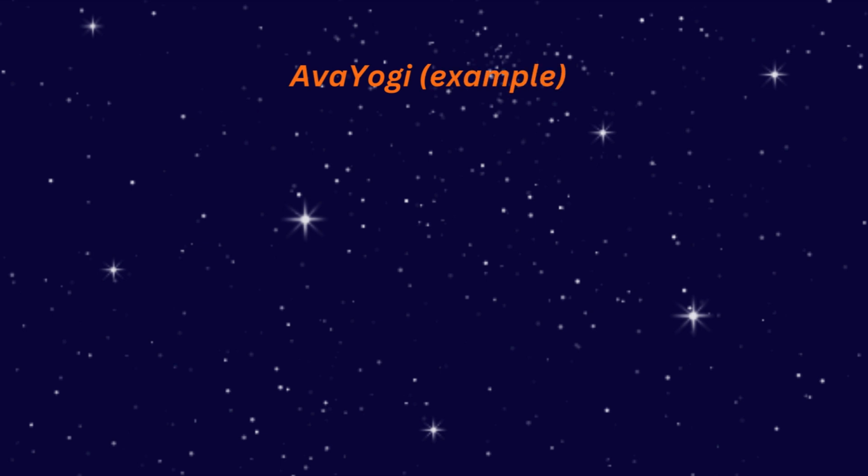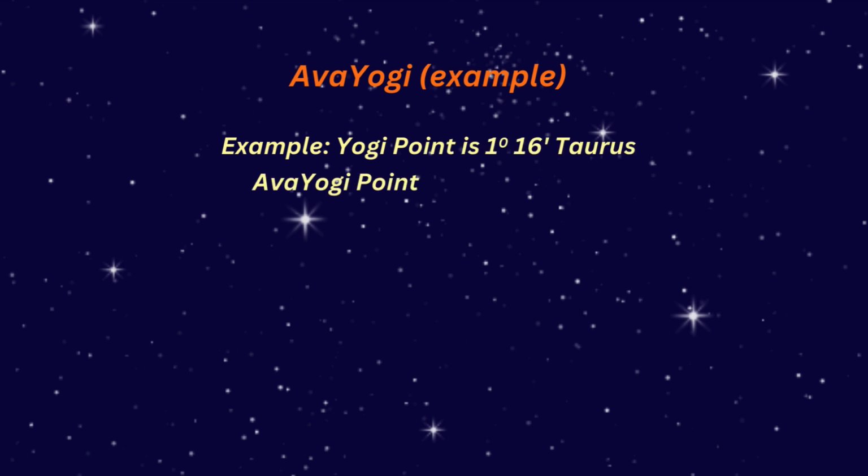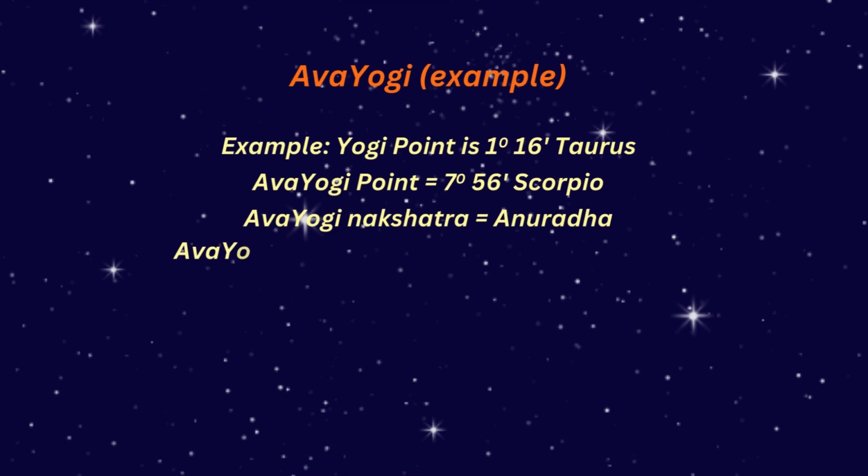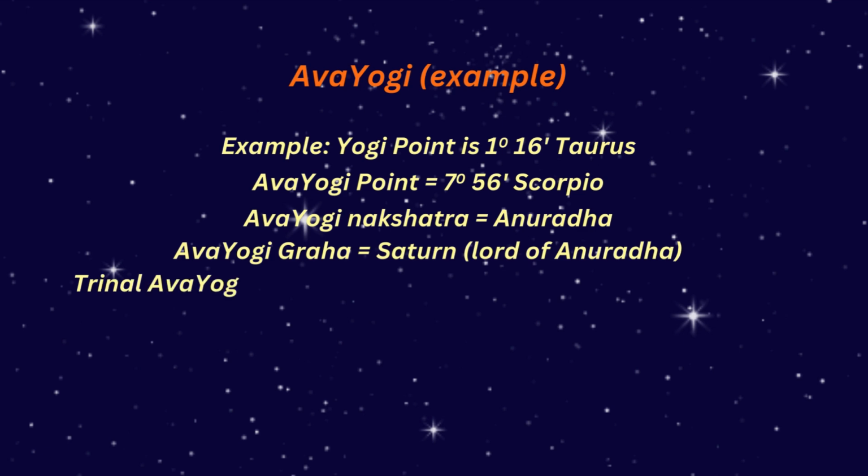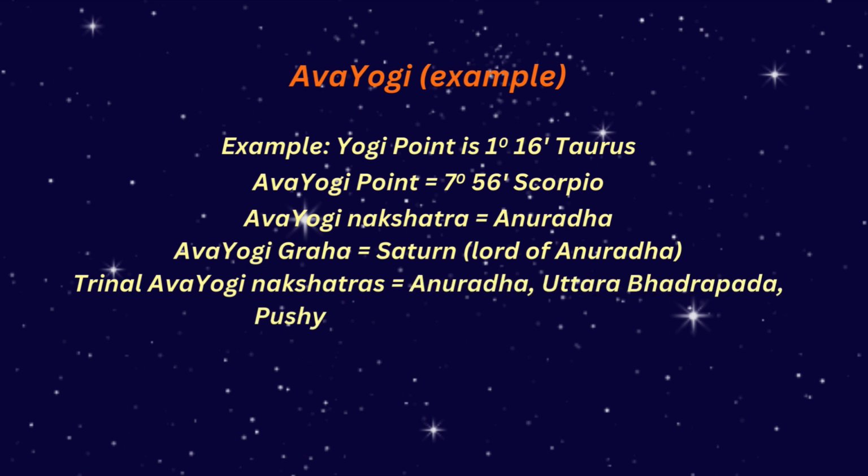Let's revisit our early example to walk through the Avayogi calculation and see it in action. Previously, we found the yogi point to be at 1 degree and 16 minutes in Taurus. Now, to calculate the Avayogi point, we add 186 degrees and 40 minutes to this. That brings us to 7 degrees and 56 minutes in Scorpio.